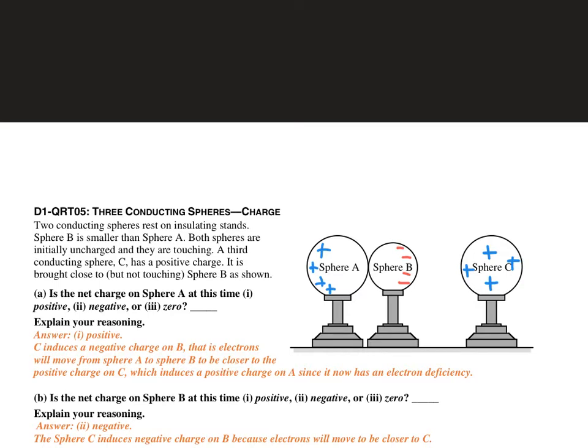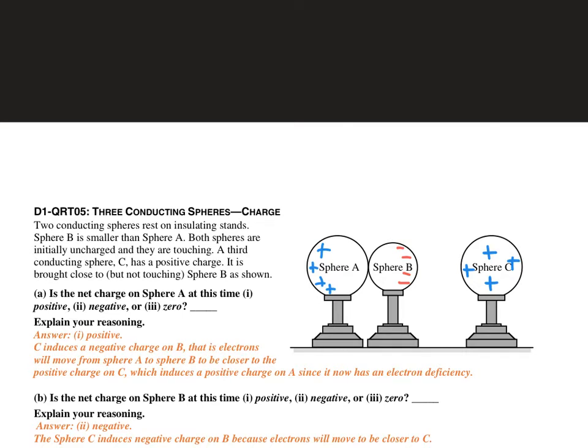So the deficiency of electrons caused by some number moving from A to B means that sphere A is positive. It's a net positive at this point. And if we were to separate them at this point, A would be positive and B would be negative.